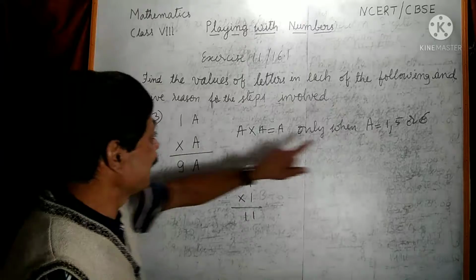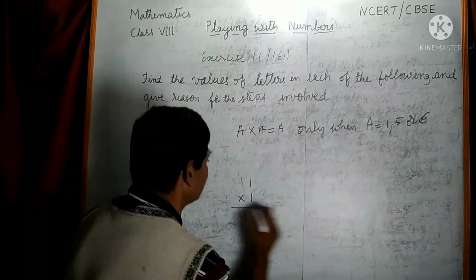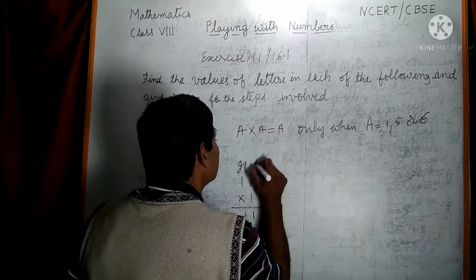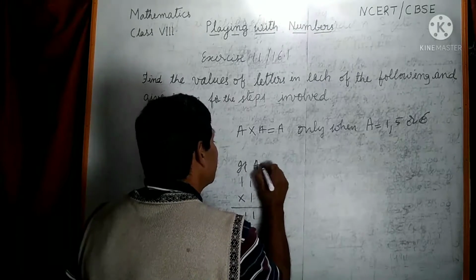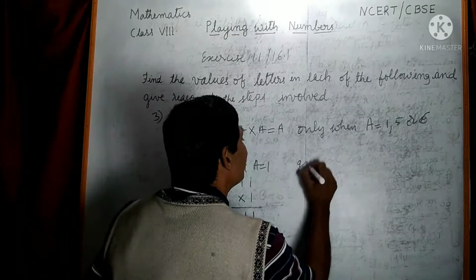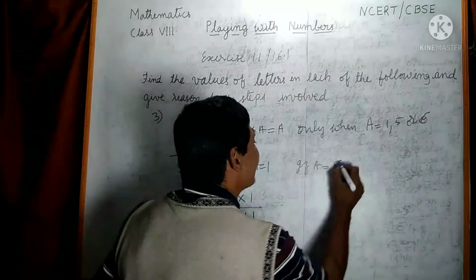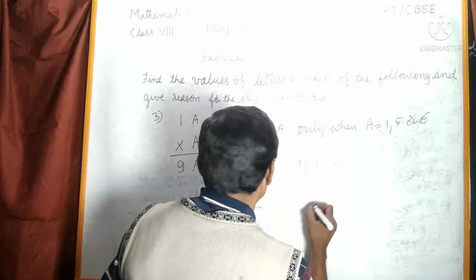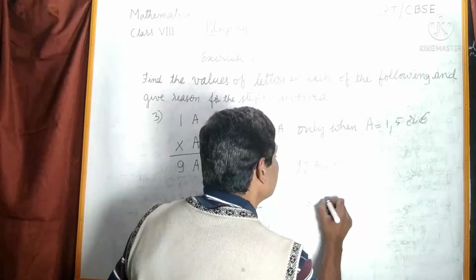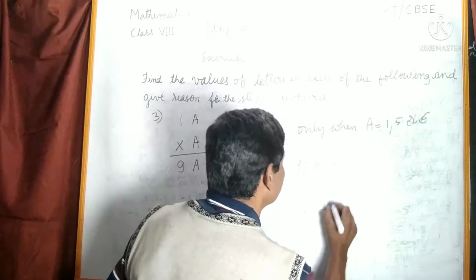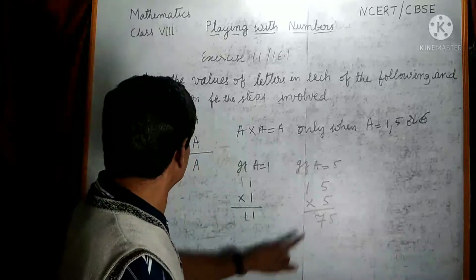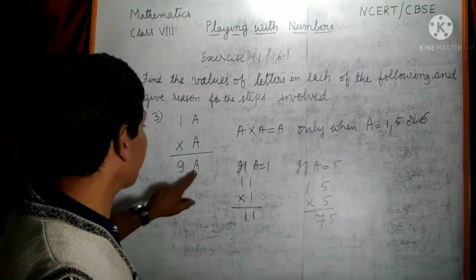Next, let us try A is equal to 5. If A is equal to 5, then 15 into 5 is equal to 75. This is also less than 90.